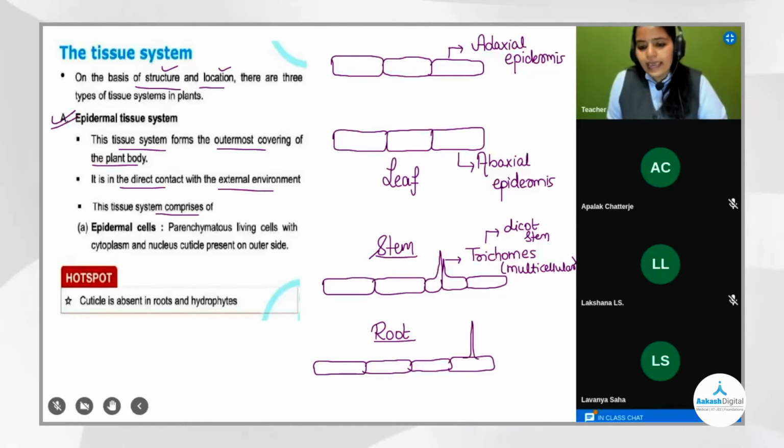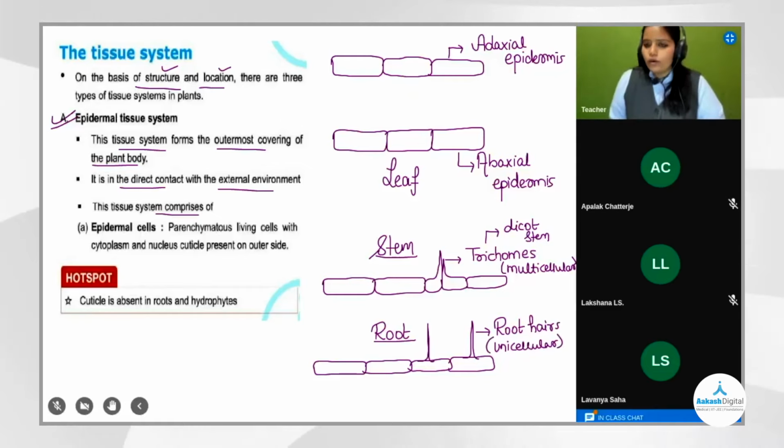The only difference is that these are unicellular root hairs. So remember this difference between trichomes and your root hairs, okay? So they are unicellular first of all. Second, they help in absorption of water and minerals. That also you know, right?